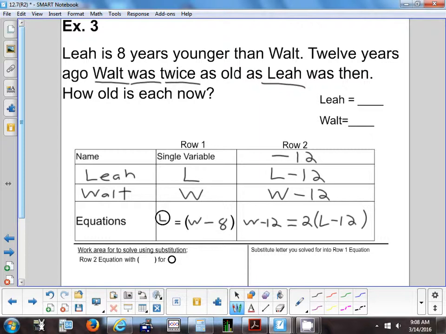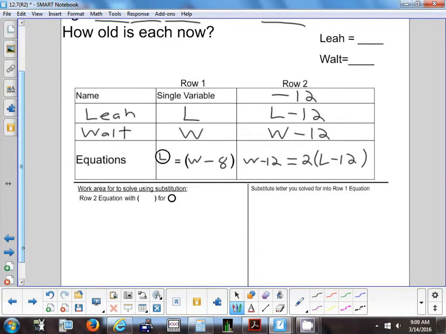Okay, so you guys are doing good. First equation, use your letters in the first column. Second equation, you got to use the letters in the second column. All right? And now, from here, we're going to take what we got for L, W minus 8, and we're going to fill it in for L. I'll finish solving for L, and I think that's the last thing we'll be able to do.